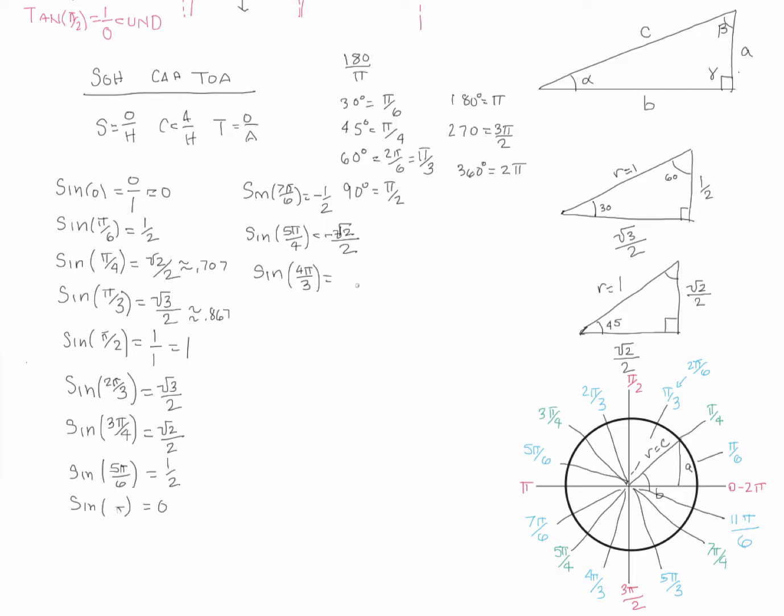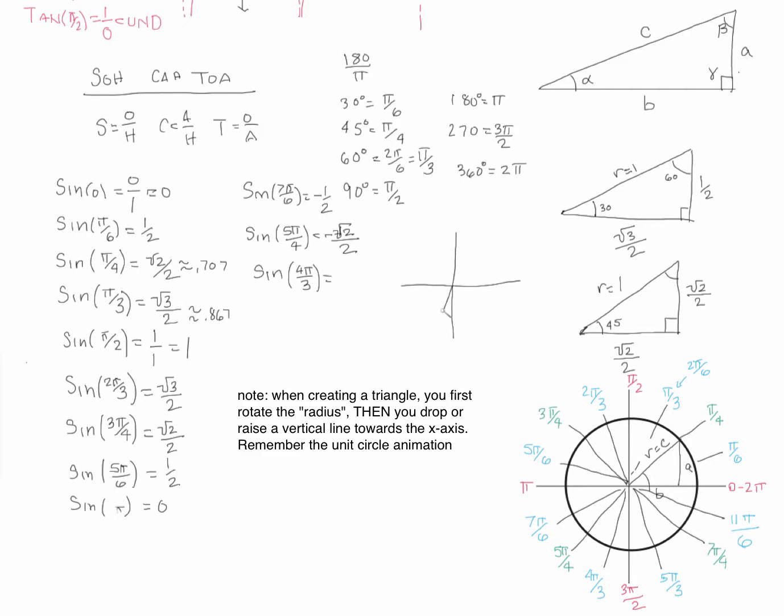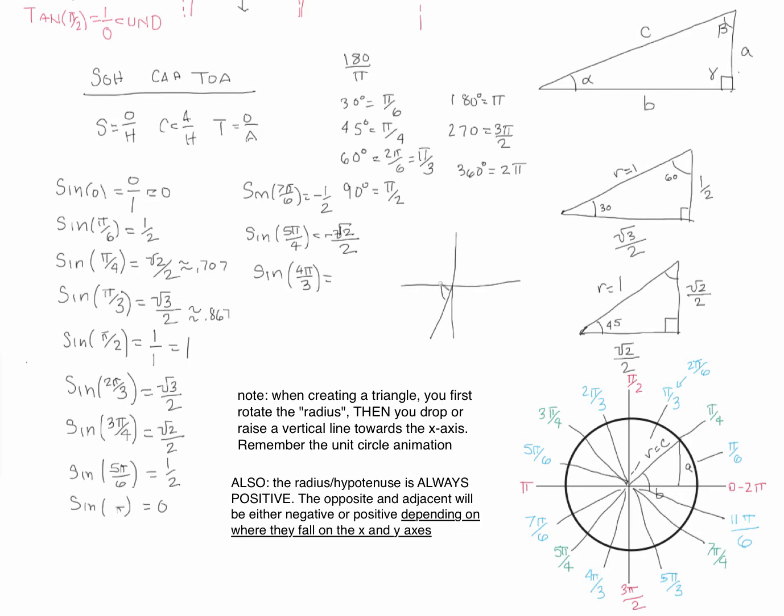So let me show you how I'm getting some of these values. You might be like, oh, how's he doing that? Remember, sine of 4 pi over 3 is a triangle that, according to this, is going like that. That's the angle that it's got.